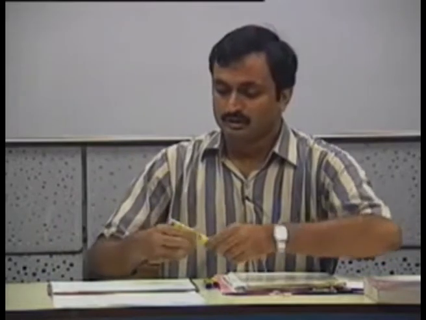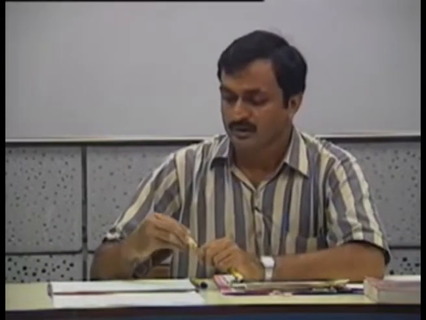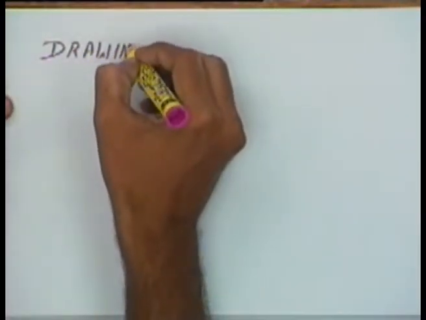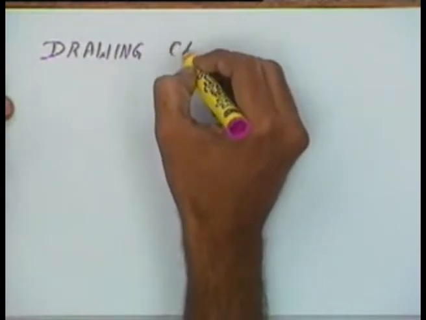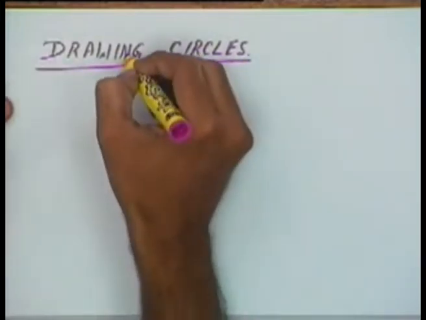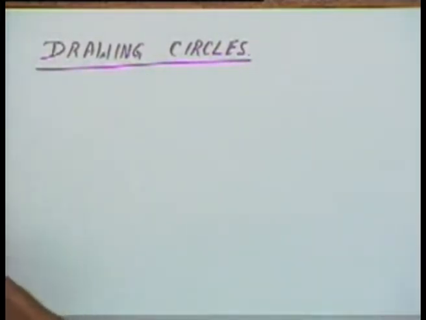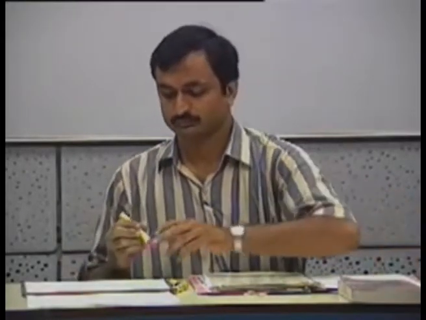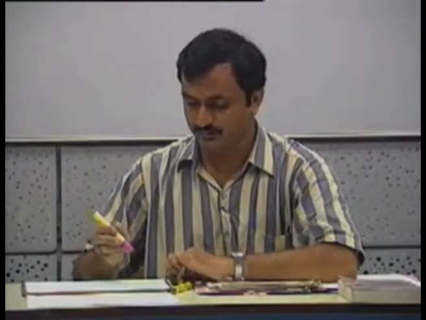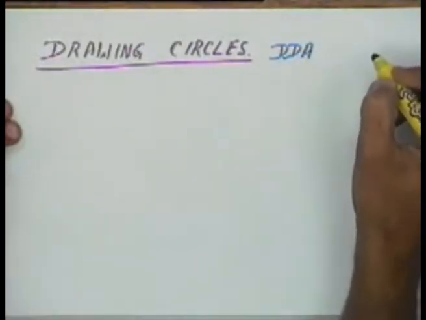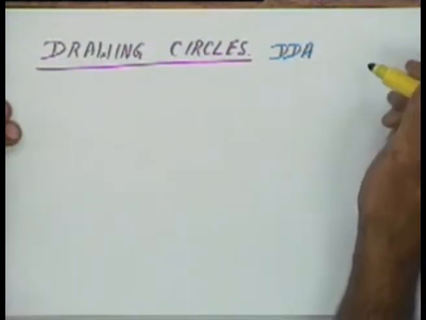Now, the next thing that we will take up is how to draw curves, or to start with, drawing of circles. For drawing circles, we will again use what is referred to as a DDA algorithm, a digital differential analyzer based algorithm.